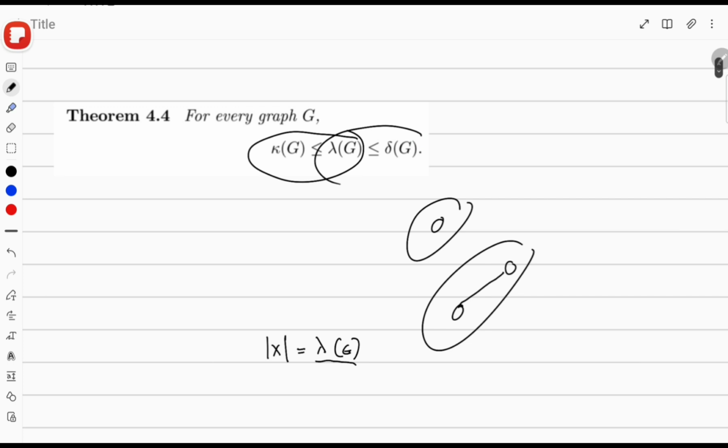Since we already proved that this one is checked based on the observation from 4.1, and also this one, thus theorem 4.4 is true.